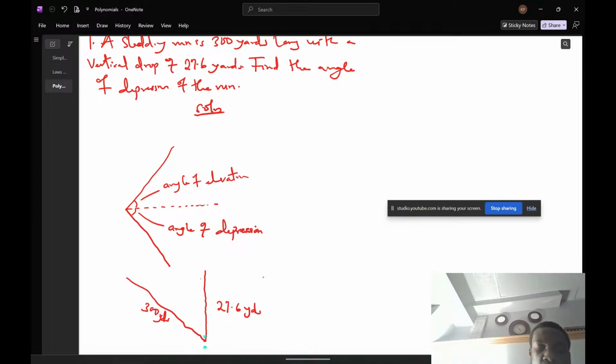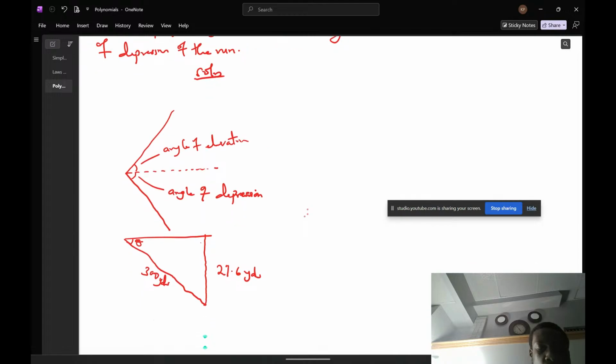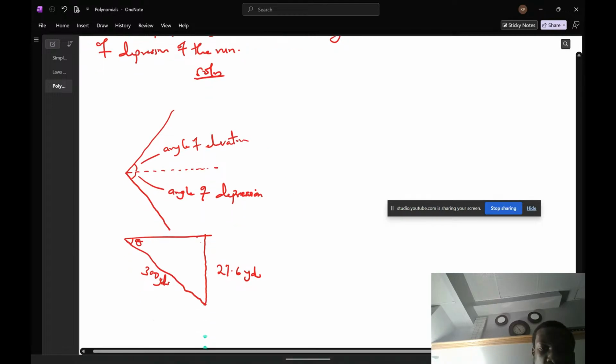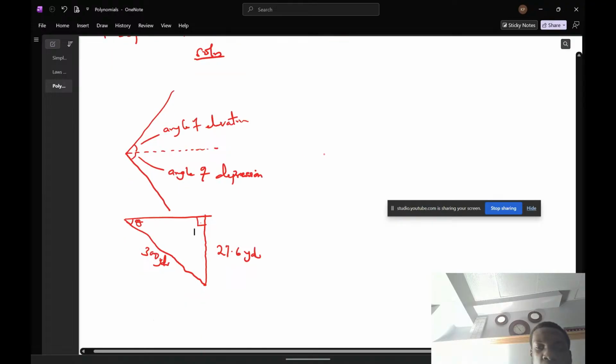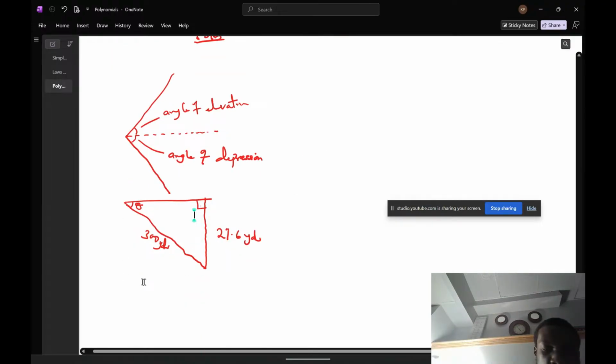Okay. So in this case, this is the angle of depression, theta. So if we are to find the angle of depression, we will say that this is the hypotenuse. So we are given hypotenuse and opposite. So in this case we're going to use sine.